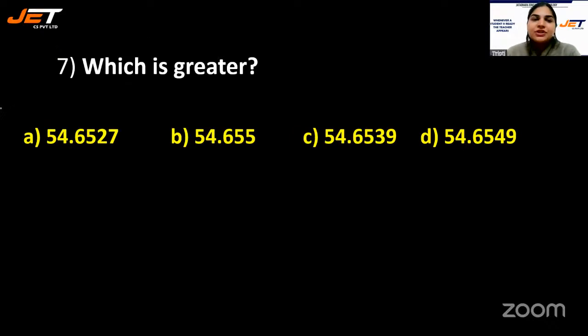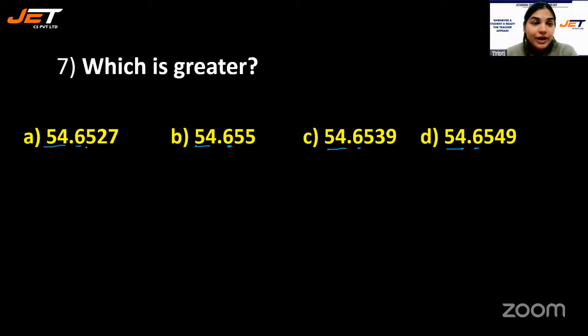If we check the number before the decimal, in all four options it is the same: 54. Then on the tenths place we have 6, 6, 6, 6. Till the tenths place, all are the same.